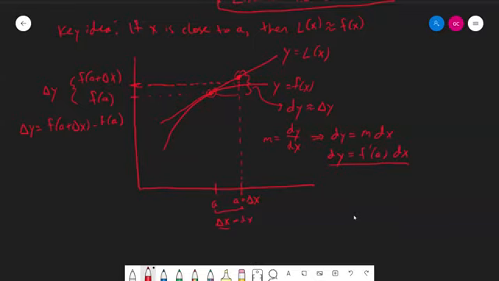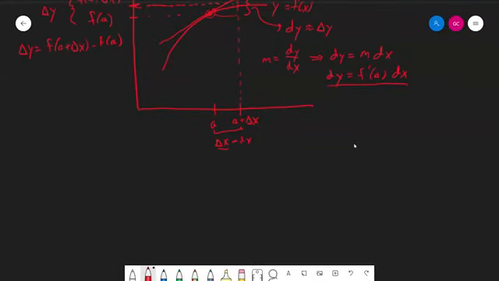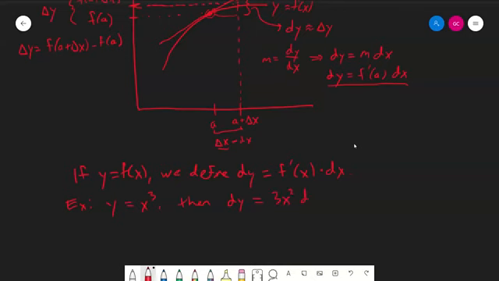More generally, what we will say is that if y is a function of x, we define dy to be f prime of x times dx. And so, for example, if y is the function x cubed, then dy will be 3x squared times dx.